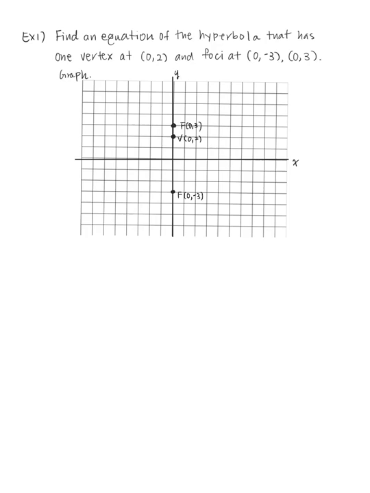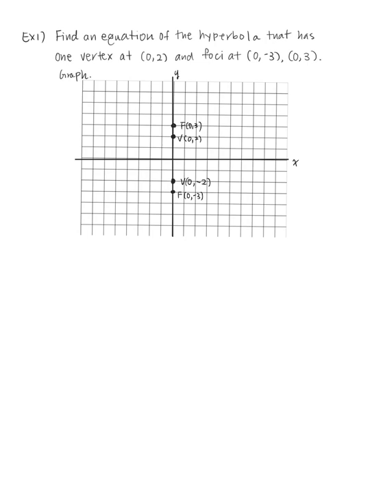Now, since one of the vertices is at (0, 2), and looking at the distance between the focus and the vertex, it's just 1 unit. So the other vertex must be here, which will be (0, -2).